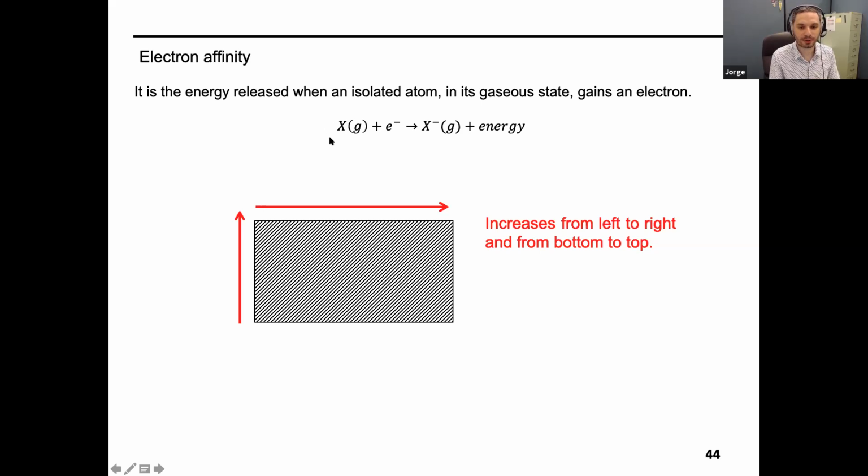So we are going to start with a neutral isolated atom, provide one electron to this atom, it becomes negative and will release energy. Again, we will determine the trend of electron affinity using what happens with the radius.